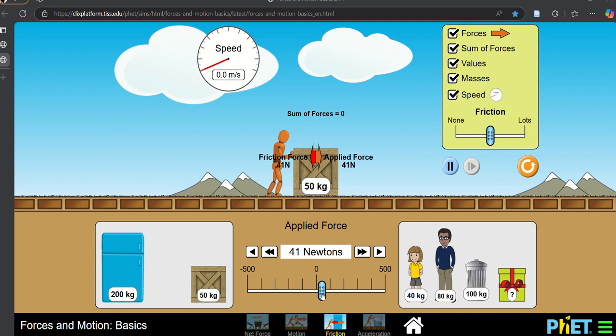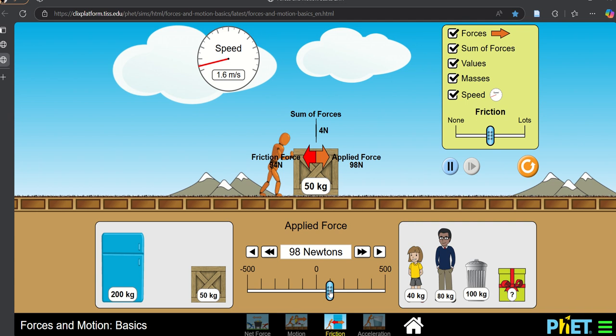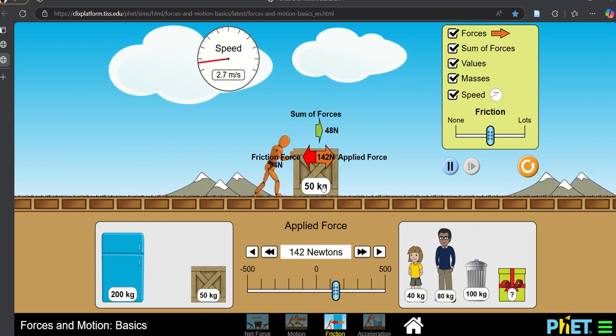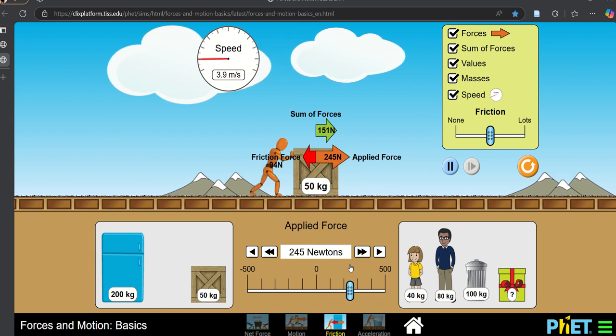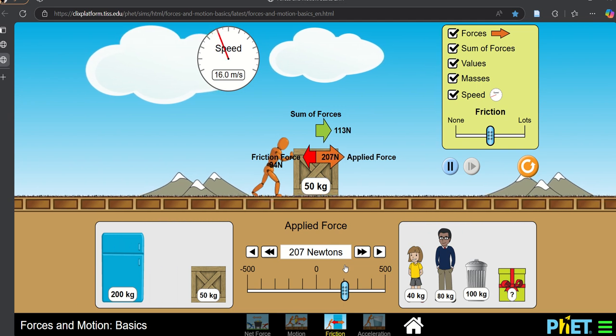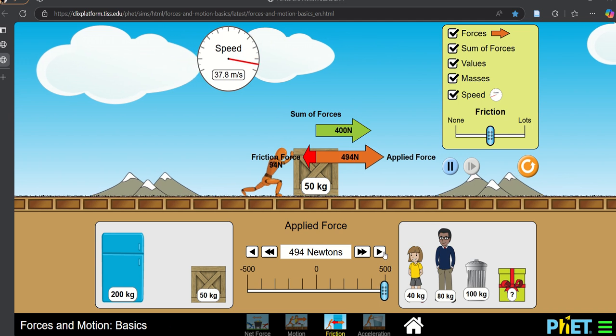Now we are applying 41 Newtons, the static friction is also 41 Newtons. 77 Newtons, still the static friction. Still our static friction is working. So once you pass the limiting friction, now if you see the 94 Newton of friction force is actually our dynamic friction, and the dynamic friction is constant even if you start increasing your force.